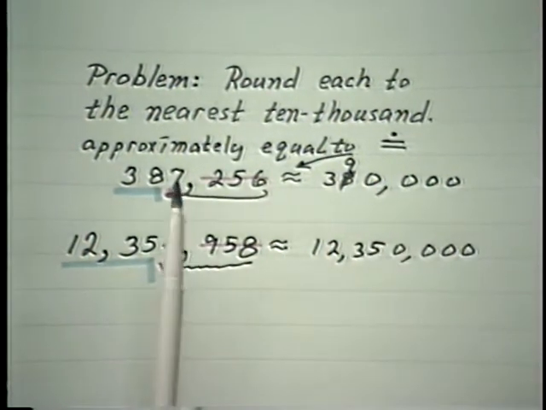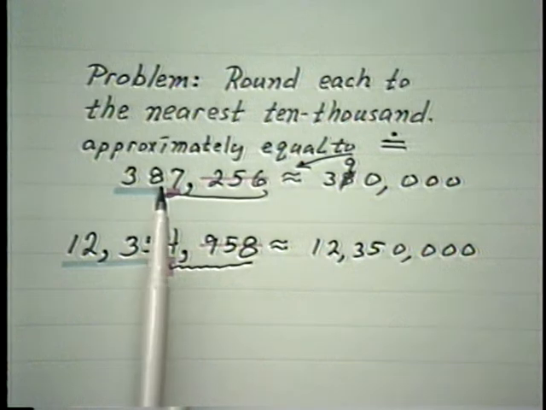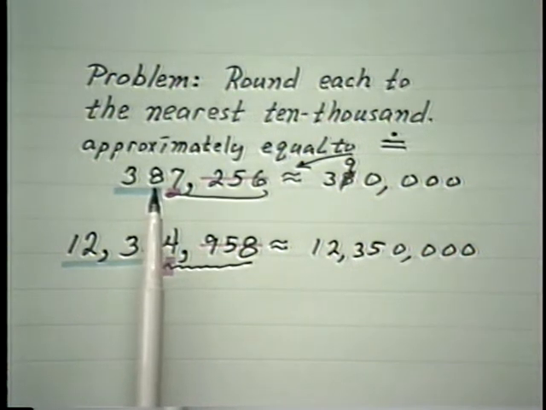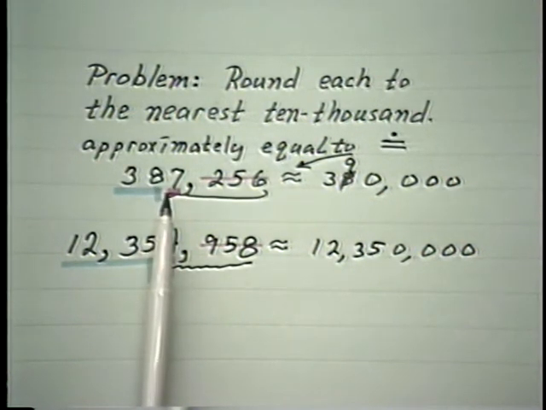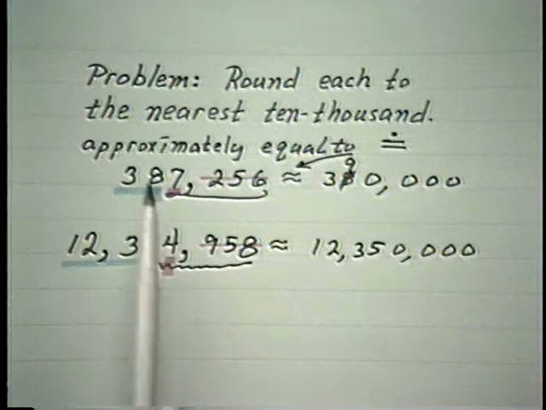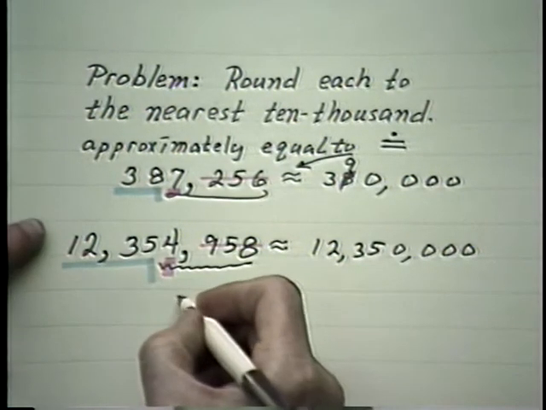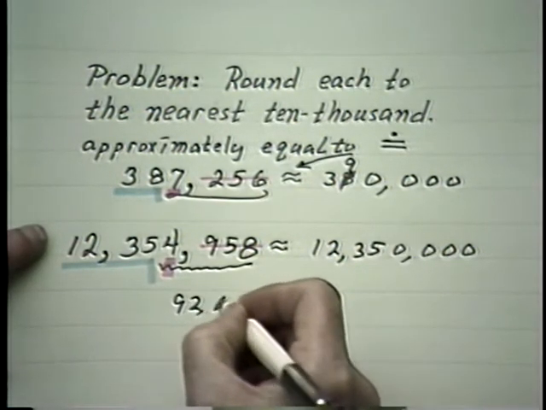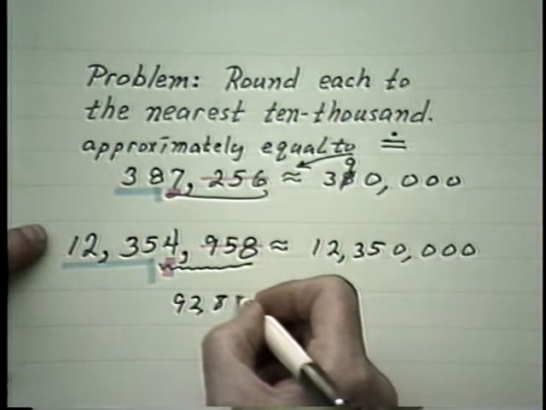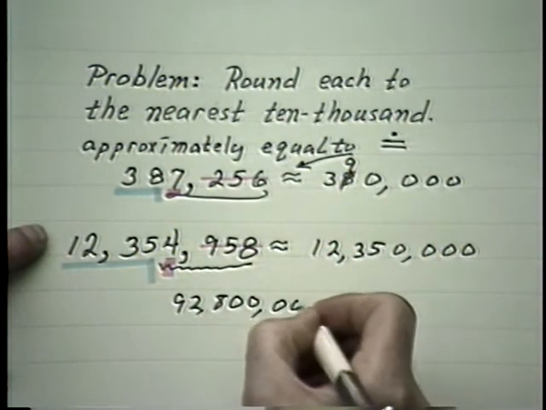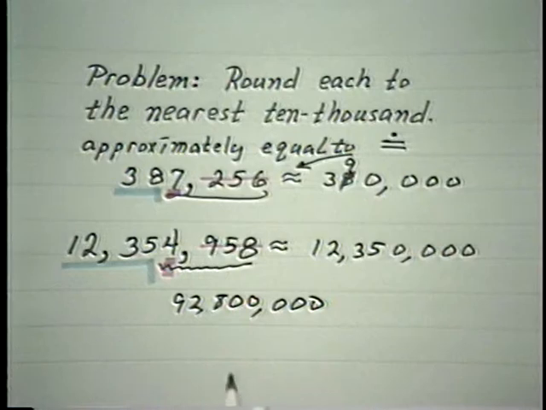Now, we use approximations almost every day. When you give the population of your city, you're approximating it. When you give the distance from the Earth to the Sun, 92,800,000, that's merely an approximation, in this case rounded to the nearest 100,000.